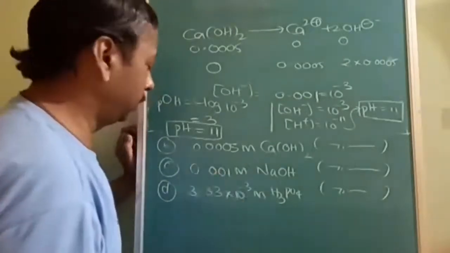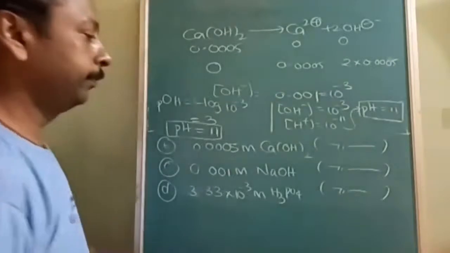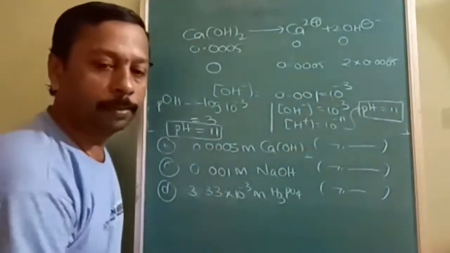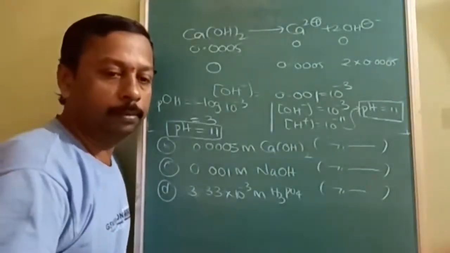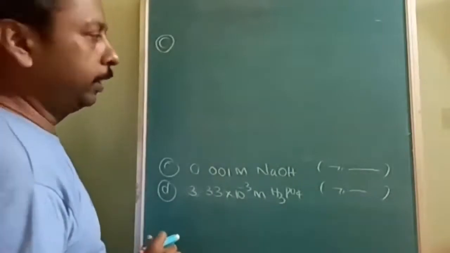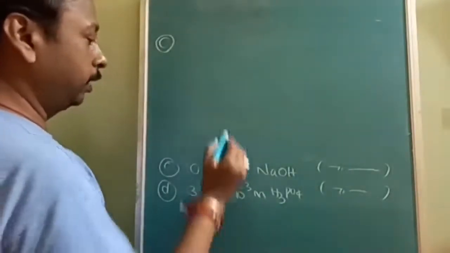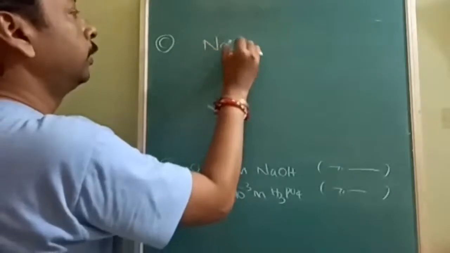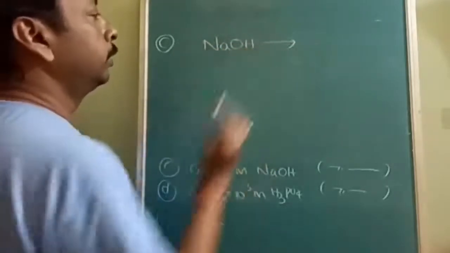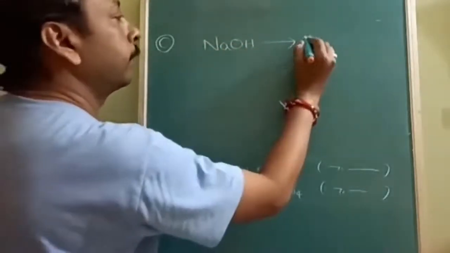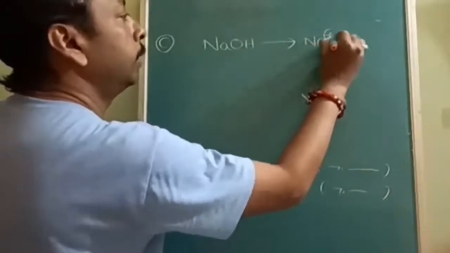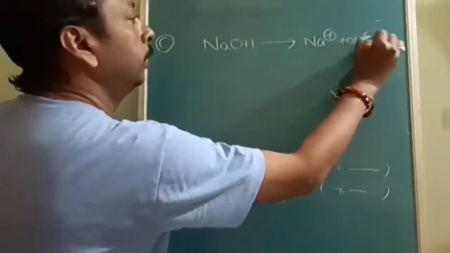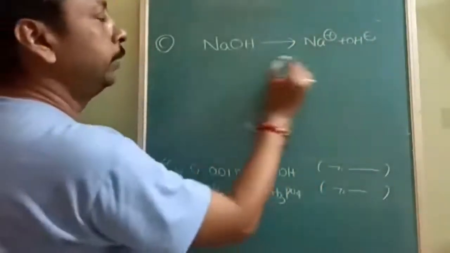I think the third one is very easy. Note down this and try the third part. C part is very easy, so let's move fast. Understood? NaOH gives Na plus and OH minus. So directly I am writing, this will be 0, 0.